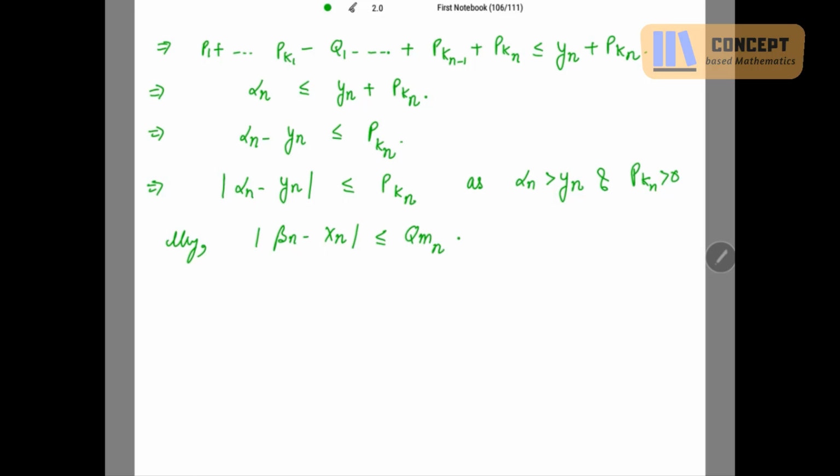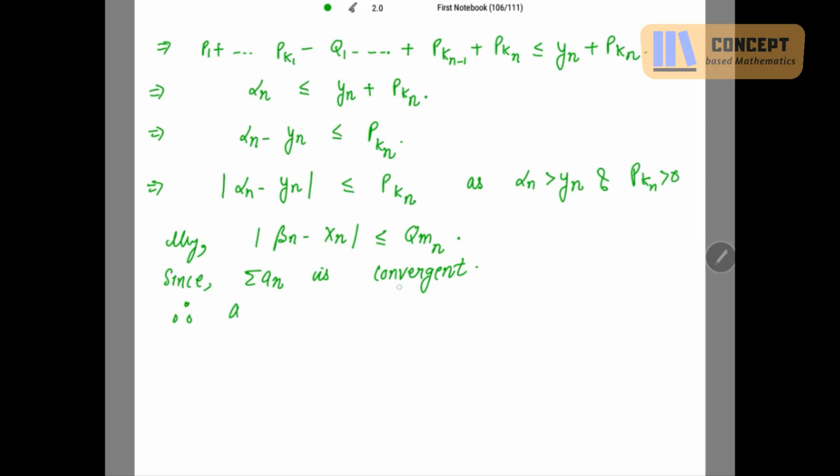Fine. Now since summation an is convergent, because it is given that summation an is conditionally convergent, obviously any conditionally convergent series is convergent.